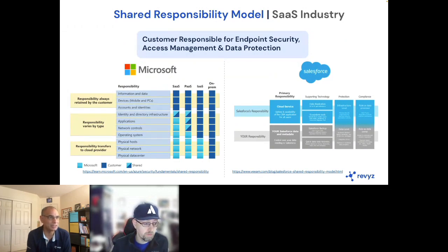It essentially comes down to three to four things which you're responsible for in the SaaS world. First, understanding who has access to that SaaS application. You want to make sure that the users who have access to the SaaS applications are, in fact, the users whom you want to have access.